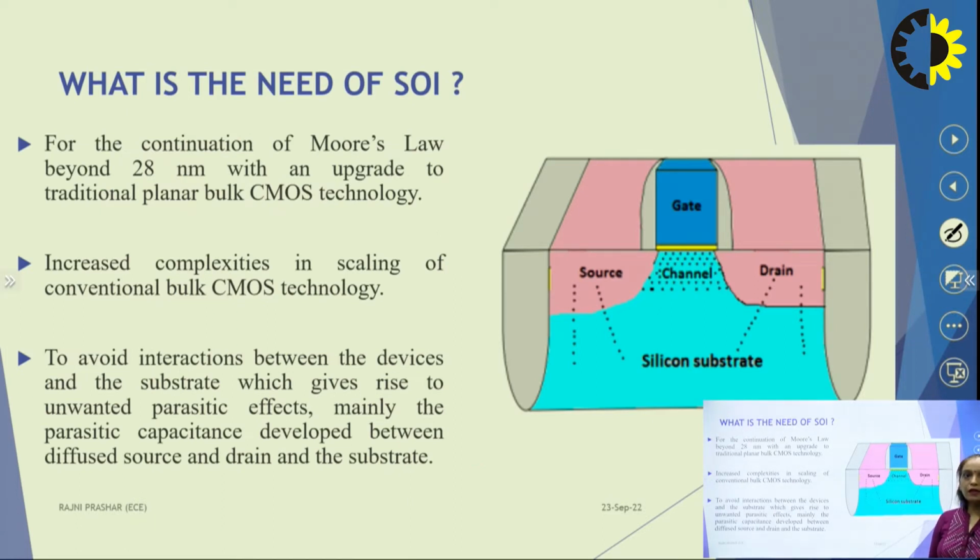So what is the need of SOI? According to Moore's law, as we go down the technology, the number of transistors present in a given area will double every 18 months.